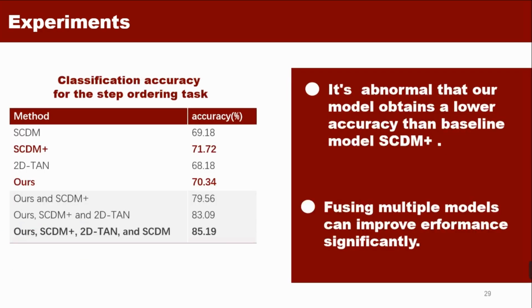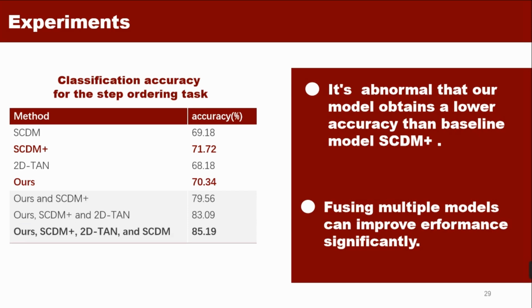Secondly, this table shows the evaluation of the ordering task. The former 4 lines show the performance of single models. The last 4 lines show the performance of combined models. Interestingly, their model can localize moments more accurately. It obtains a higher accuracy than the baseline model SCDM+.